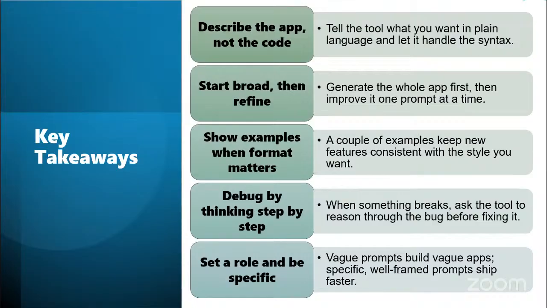Show examples when format matters, right? If you want some specific data to be ingested, or some specific data to be output, give it some example. Maybe say units. Let's say I say, I'm going to work for 30, and then it might need a unit. But don't ask for that with a zero-shot prompt.